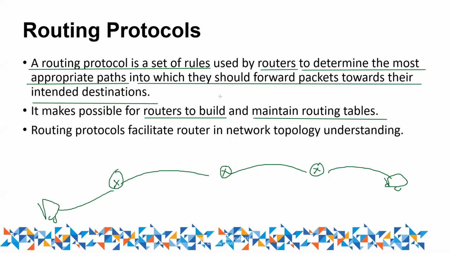For example, this is one network, this is another network, okay? This interface here has an IP address, this interface here has an IP address. Every single interface of the router will have an IP address. And the router will hold a table.